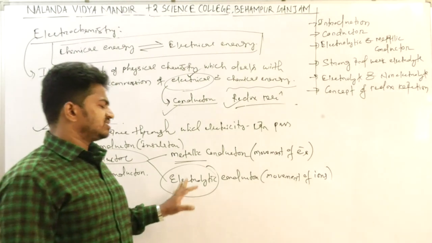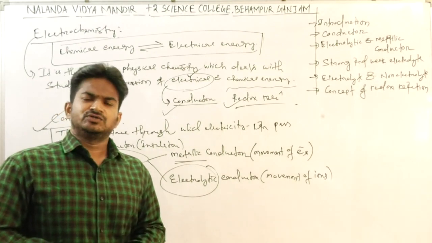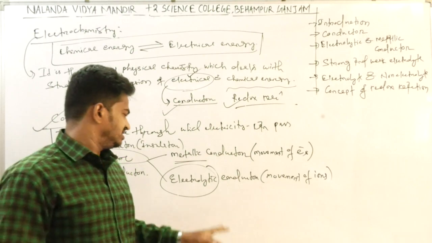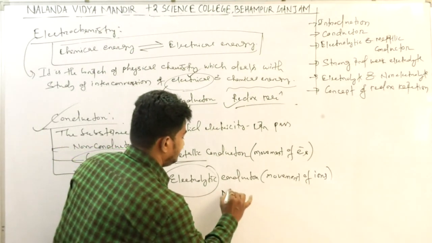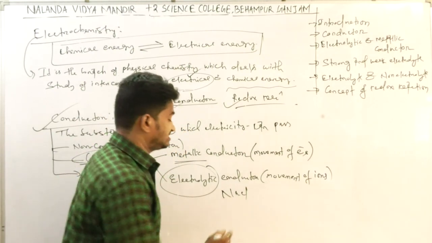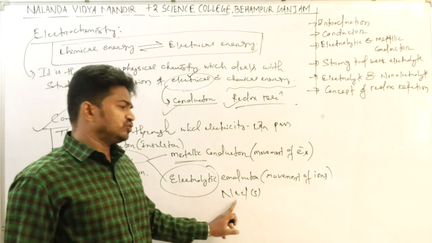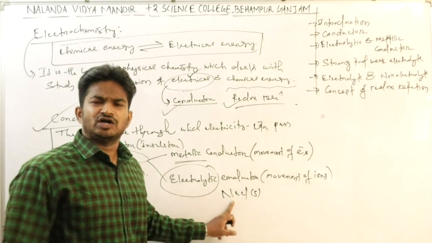Or we can say it is a substance which dissociates into ions in aqueous or fused state. Example: sodium chloride, NaCl. NaCl is a crystal in solid form, so in solid form it cannot be said to be a conductor.